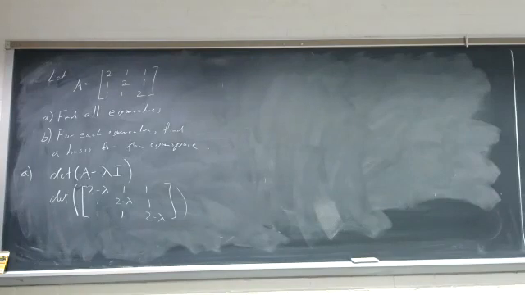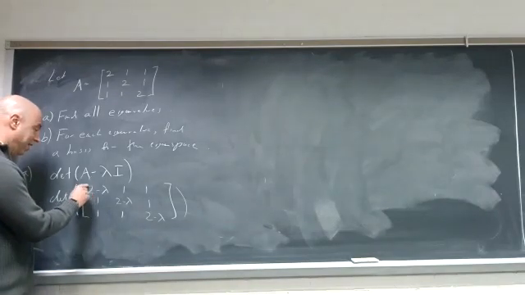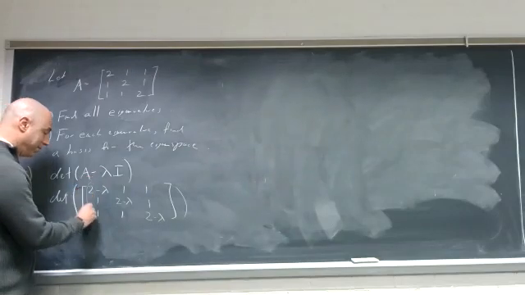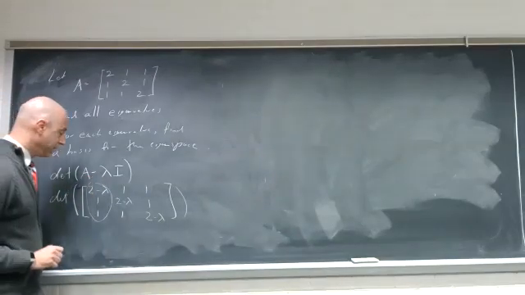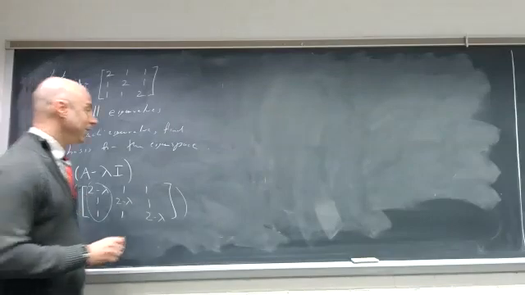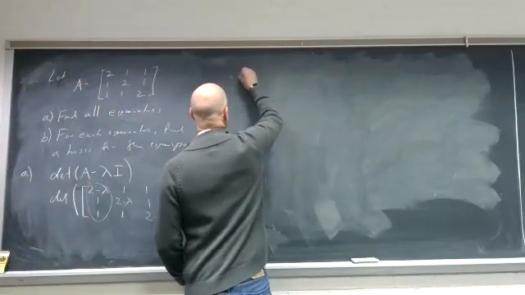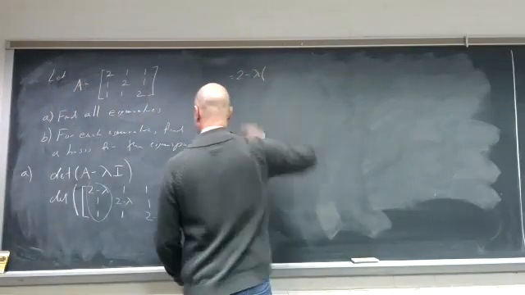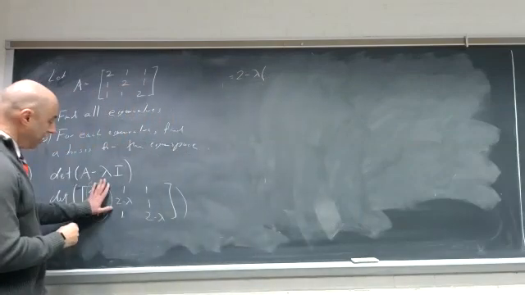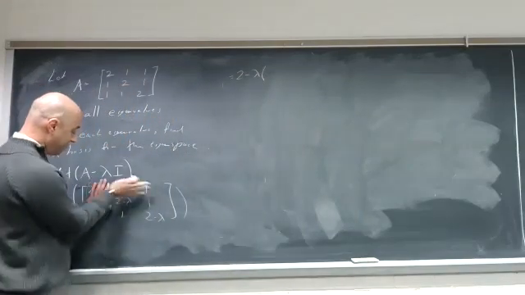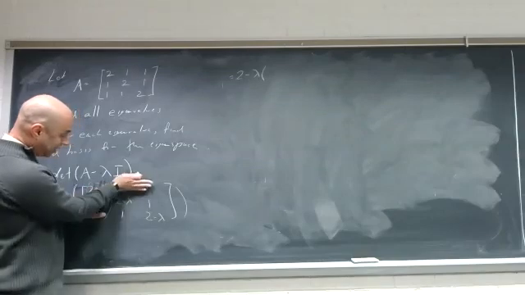I'll do a cofactor expansion down the first column. So I'll start off with 2 minus lambda times. Now I'm going to cover up the row and the column that 2 minus lambda is in.